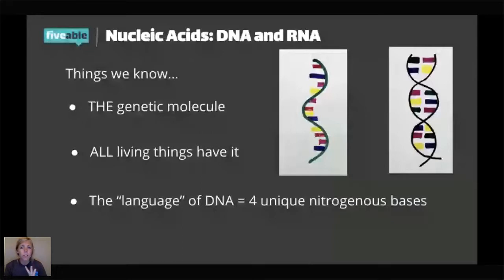So 4 unique bases and their actual sequence and how they're organized, whether it's 10 T's in a row followed by GC, GC, it's unbelievable how 4 bases can create such diversity for all living things. So that's something hopefully we already knew, that it's just 4 bases that we're dealing with.